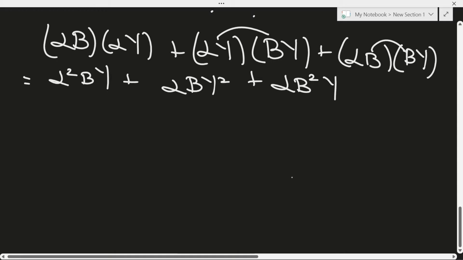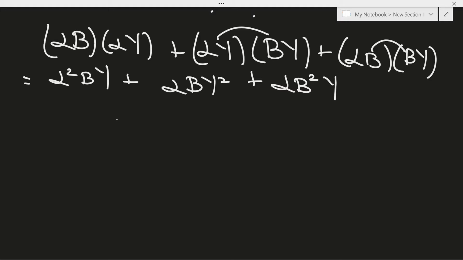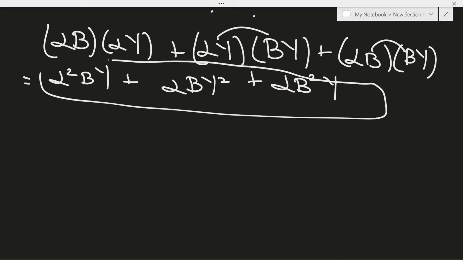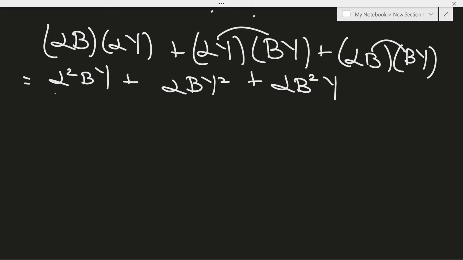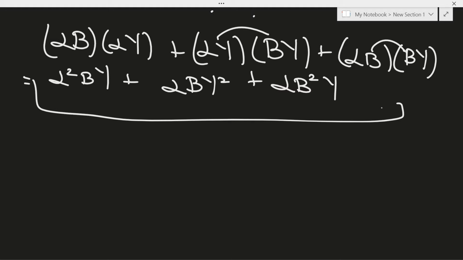So now we have this, and here's a tricky part. Now what can we do? We want to factor out something so that we can get all of this equation again. What do you think we can factor out of all of this so that we can have no squares?